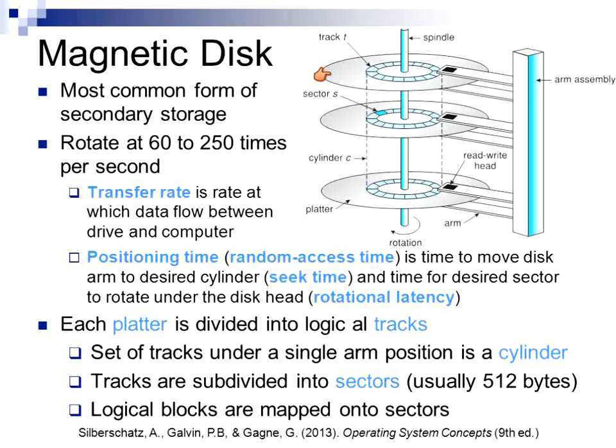The concentric circles on the platter are called tracks, and the tracks are made up of sectors, and then your blocks are mapped to the sectors in a file.